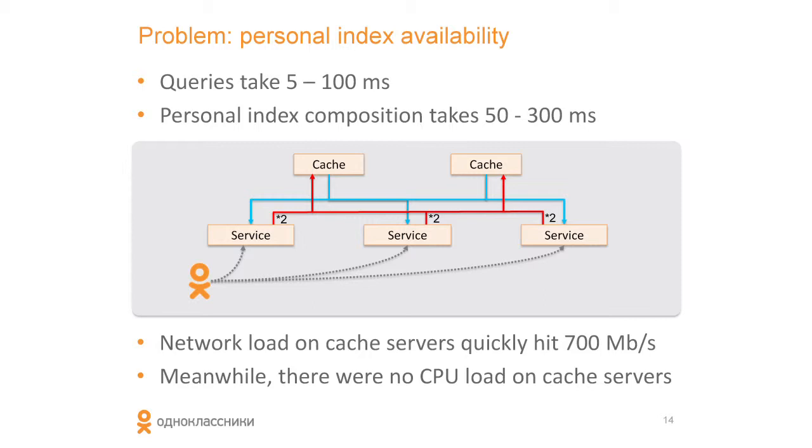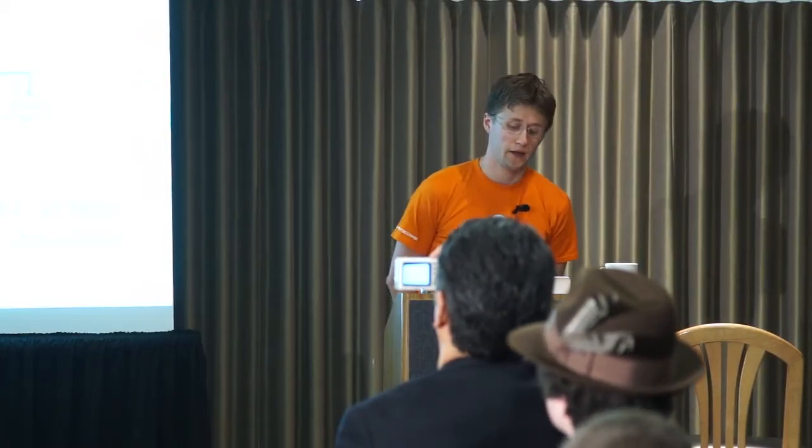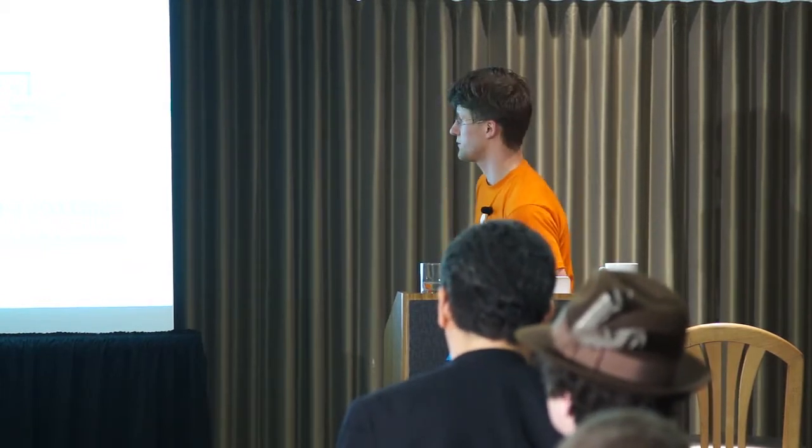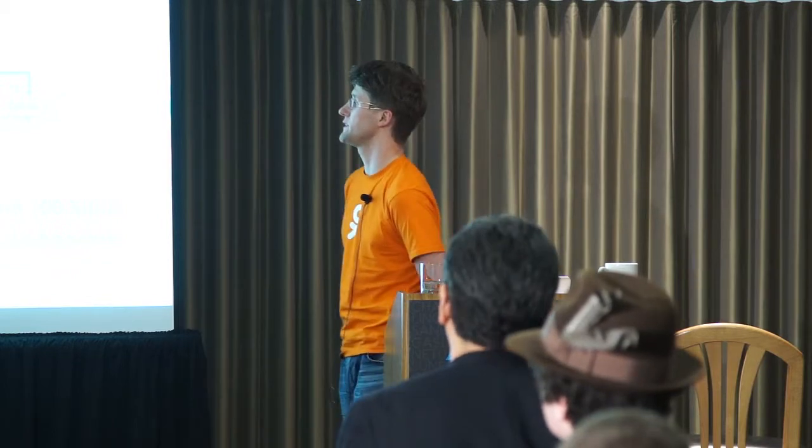But as usage and complexity of search sessions started to grow, we quickly hit a problem. We have these cache machines with around 700 megabits of traffic, and meanwhile there is no CPU activity at all. And if one of the machines crashes, the whole system degrades.